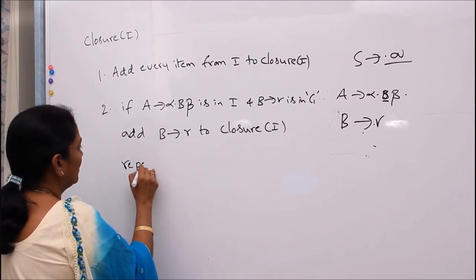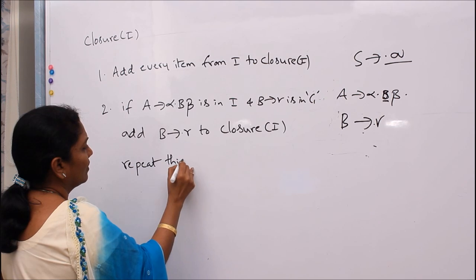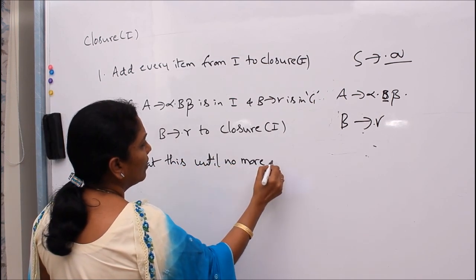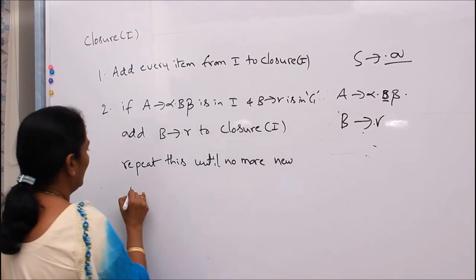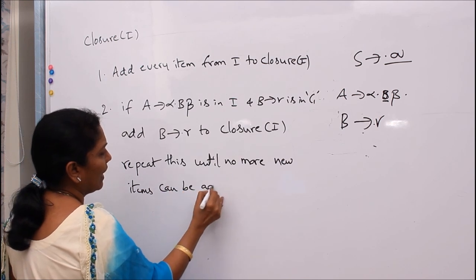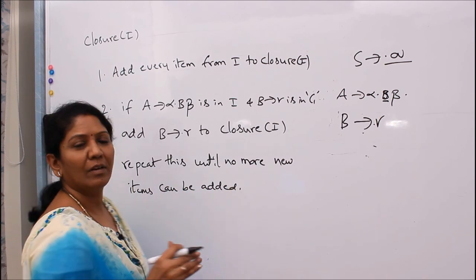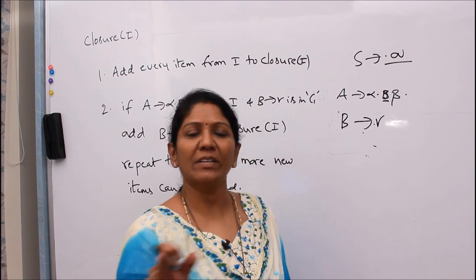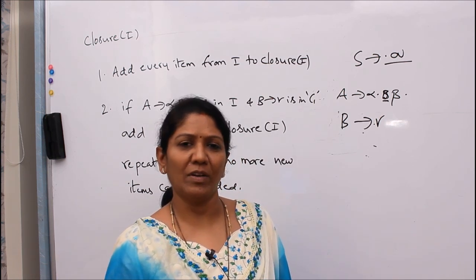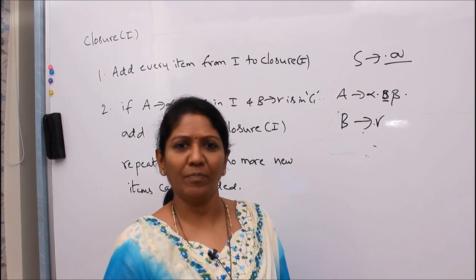Repeat this until no more new items can be added. Whenever you add a new item, once again apply this rule. That means verify the grammar symbol that follows dot. Whenever it is a non-terminal, once again repeat the procedure.